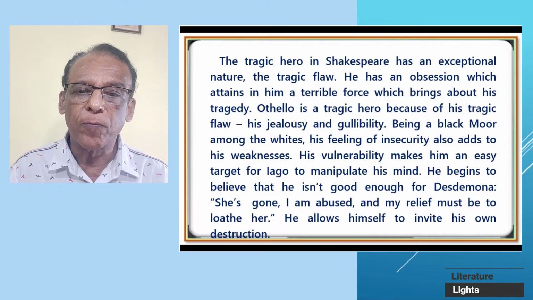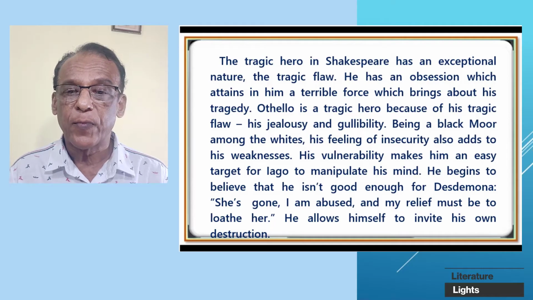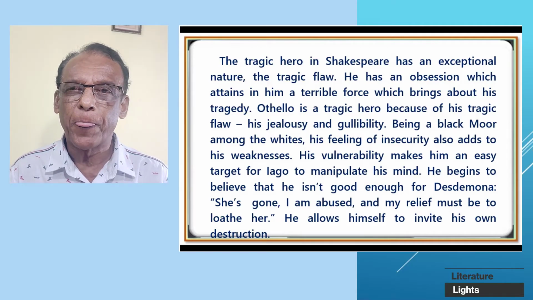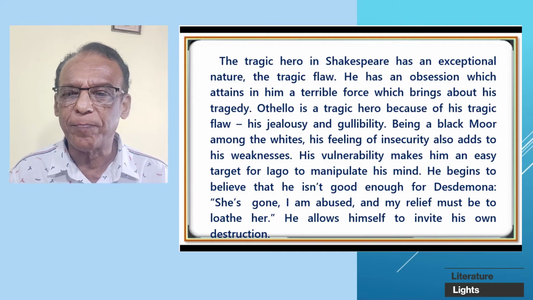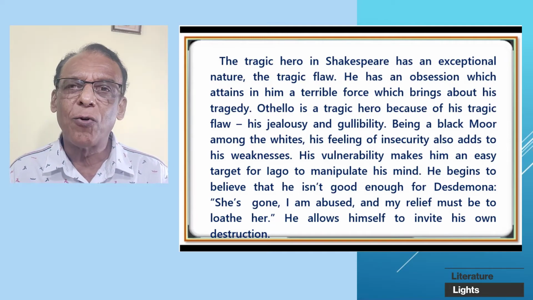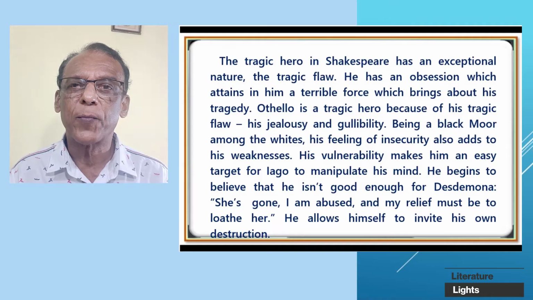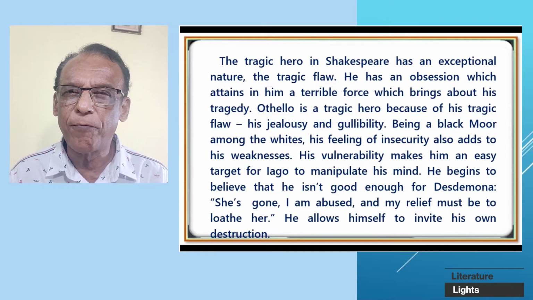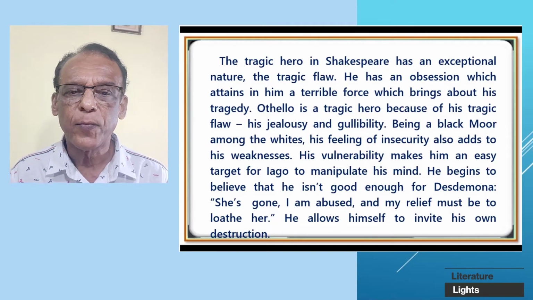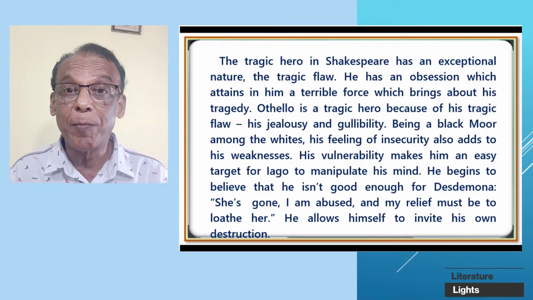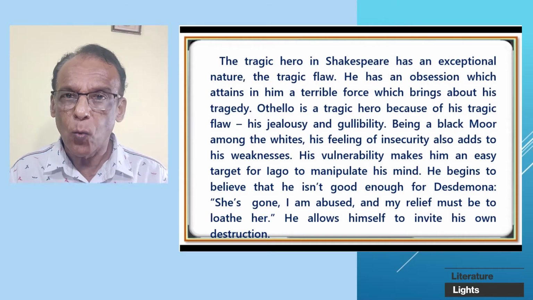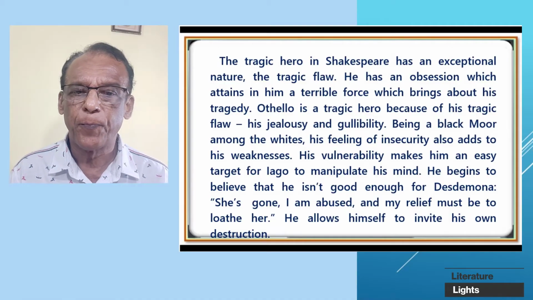The tragic hero in Shakespeare has an exceptional nature. He has a peculiar trait in his character, which is known as the tragic flaw, FLAW, a defect in his character. He has an obsession which attains in him a terrible force, which brings about his tragedy.